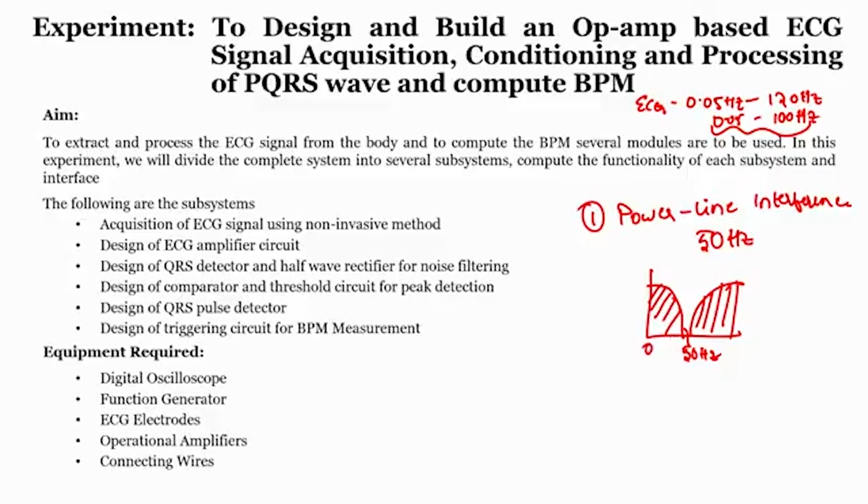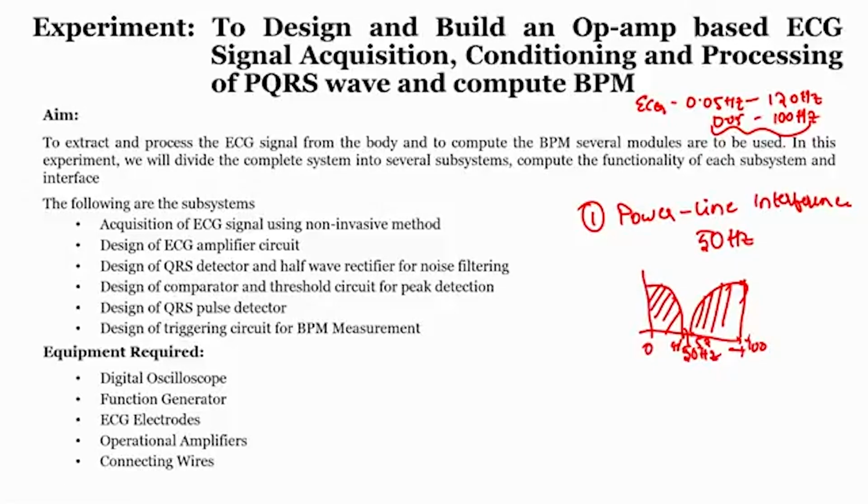So, 0 to around 48 or 49 hertz we will allow, and again from 51 or 52 hertz till 100 hertz we will allow. And since we also have a low pass filter, after 100 hertz no signal will be passed.